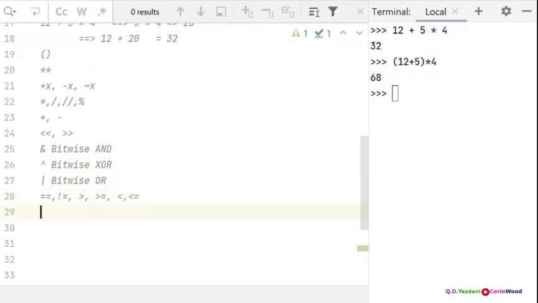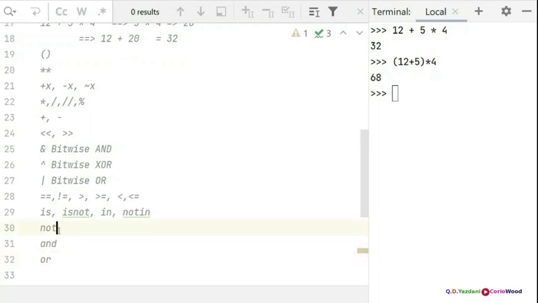Then the next one is identity and membership operators: is, is not, in, and not in. And the last three in Python are not, and, and or. So it's the logical not, the logical and, and the logical or.